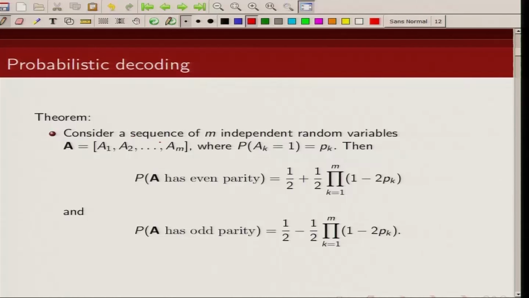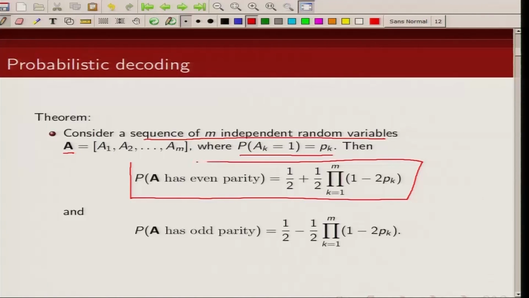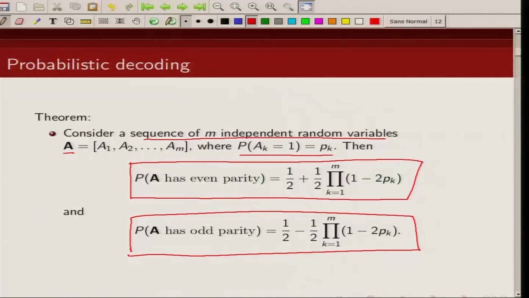It says if you have a sequence of m independent random variables which we denote by A, so A1, A2, A3, up to Am are m independent random variables, and the probability of Ak being 1 is given by pk, then the probability that A has even parity is given by this expression, and the probability that A has odd parity is given by this expression.